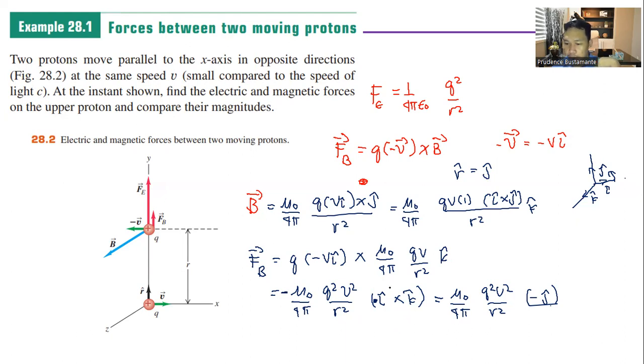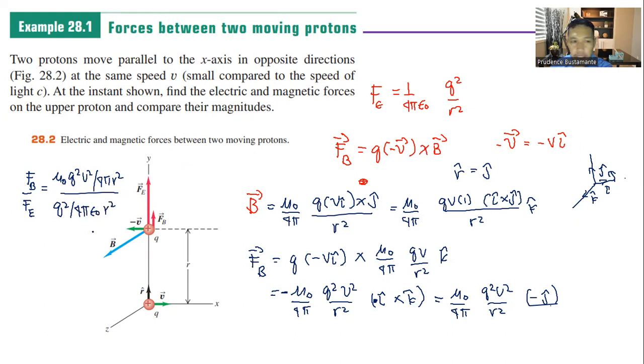If you want to find the electric and magnetic forces on the upper proton and compare their magnitudes, let's compare their magnitudes. So we have F_B over F_E. This is mu naught Q squared V squared over 4 pi R squared, over Q squared over 4 pi epsilon naught R squared.